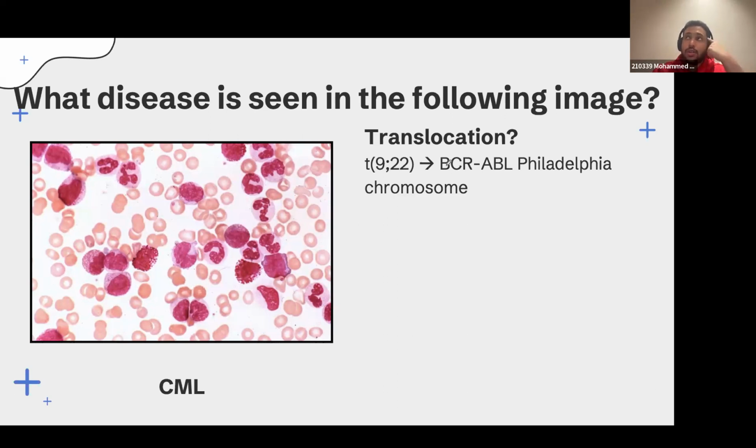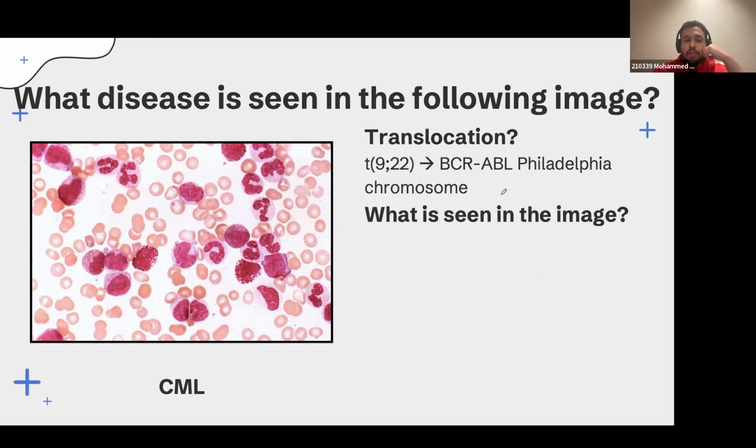Also, I want to ask about another drug. If you have a cancer that has CD20 positivity, what drug can you use? Rituximab. Perfect. Good. Know these. It's very, very high yield. Now, what is seen in this image?